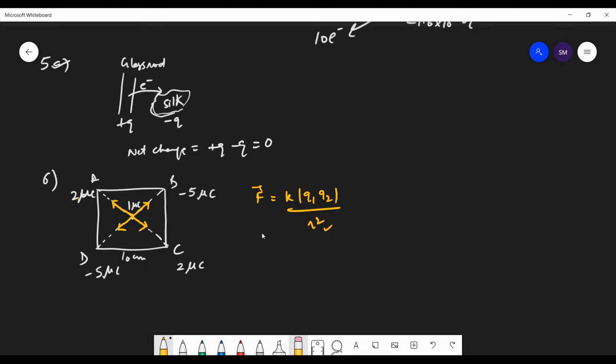So the net force will be equal to 0. So the net force is 0 due to the symmetry of charges. Next question.